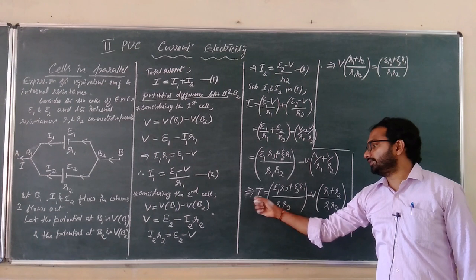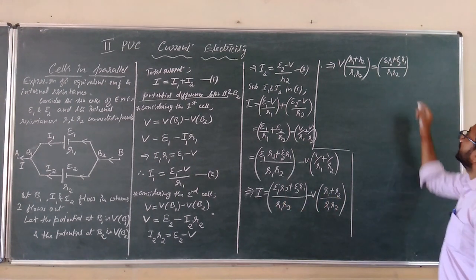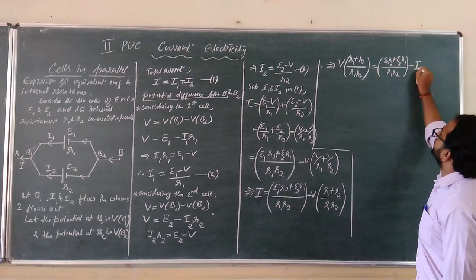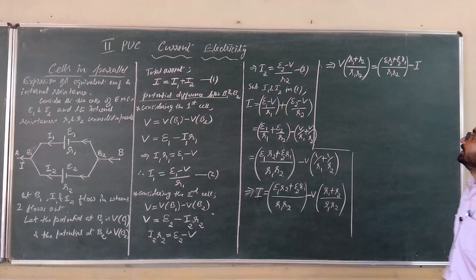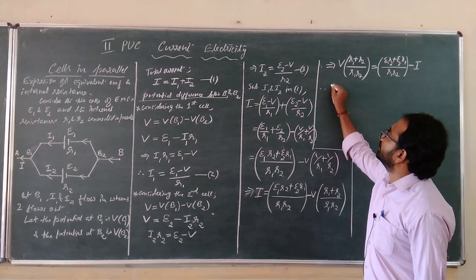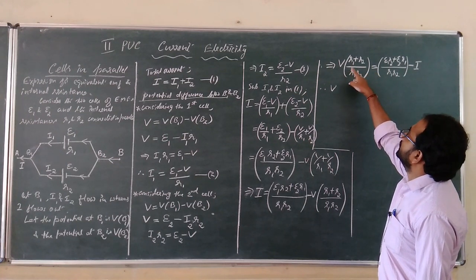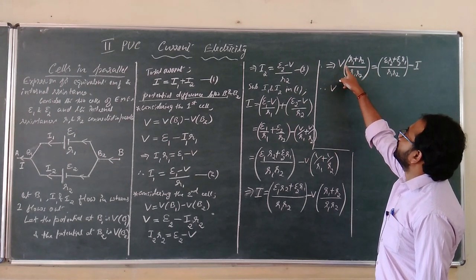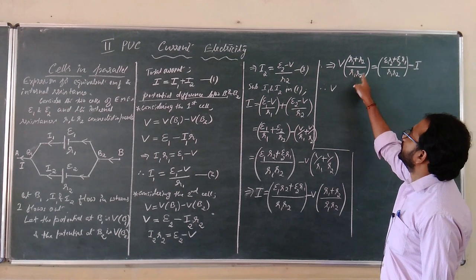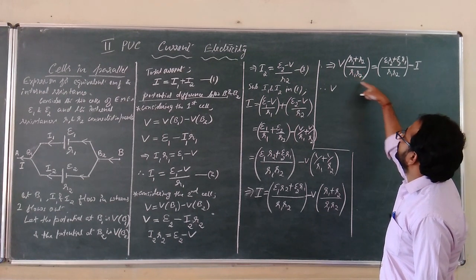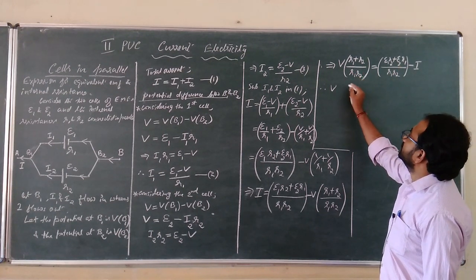So bring I to the RHS, so therefore this is minus I. Okay, so therefore V is equal to... so when V is multiplied by (R1 plus R2) divided by R1 into R2, bring it here, what happens?